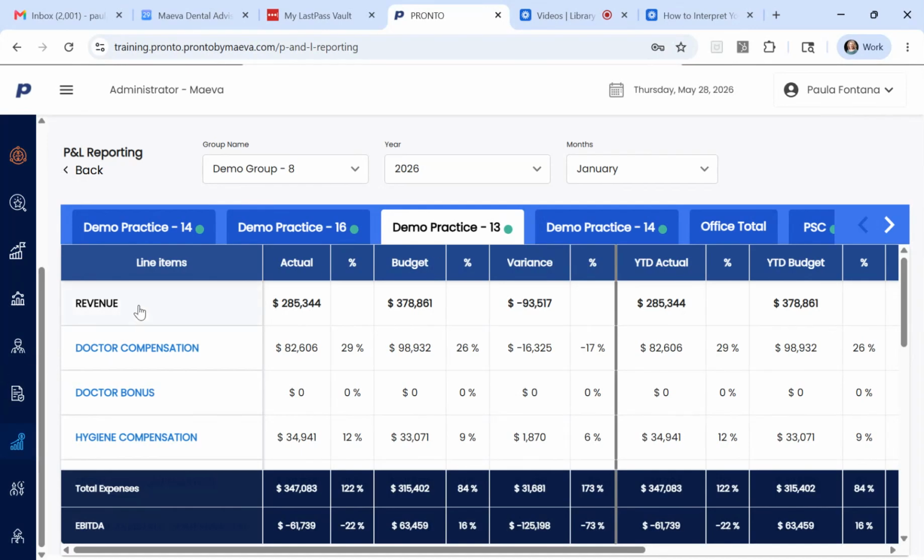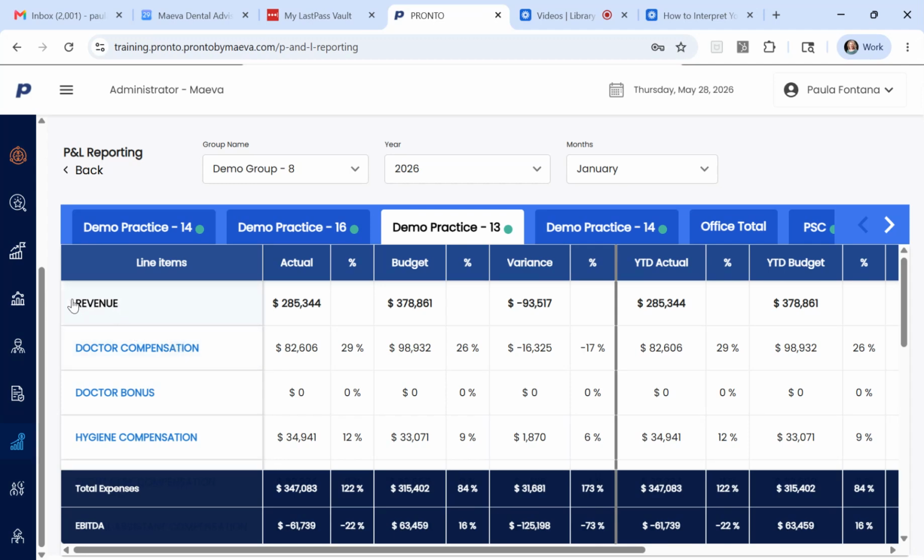On the left-hand side, there are a number of line items. These line items represent our chart of accounts, which include all the general ledger categories that are associated with these expenses. And this is really important that the coding be done at the practice level correctly, because all those expenses get booked underneath each one of these line items.